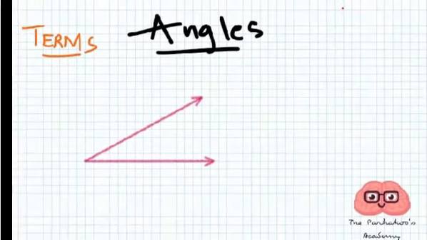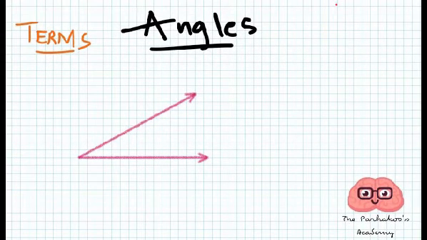Okay, now let's see some different terms that will be used in the context of angle. The first thing is that the amount of rotation is the angle, or its openness is basically the angle.